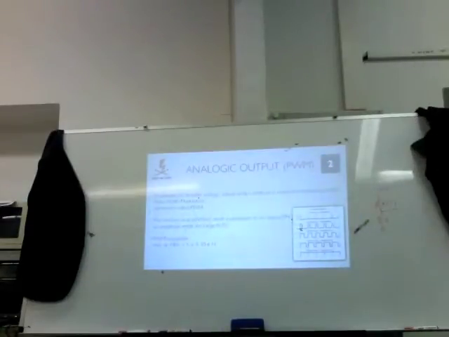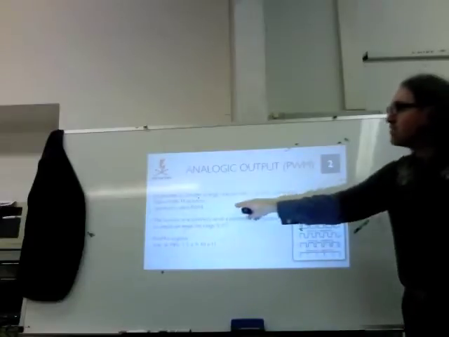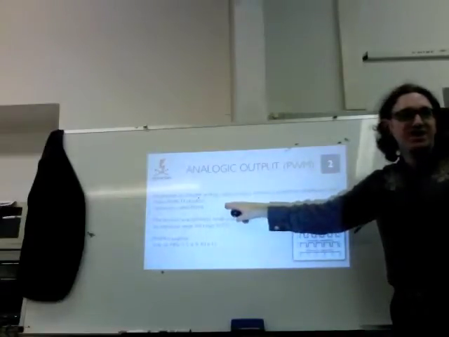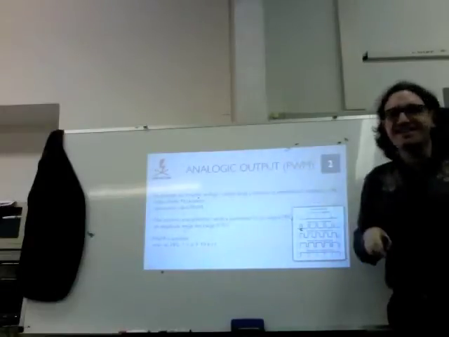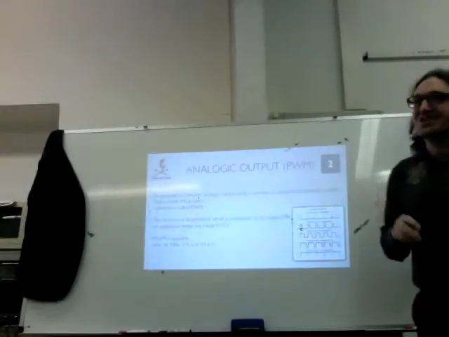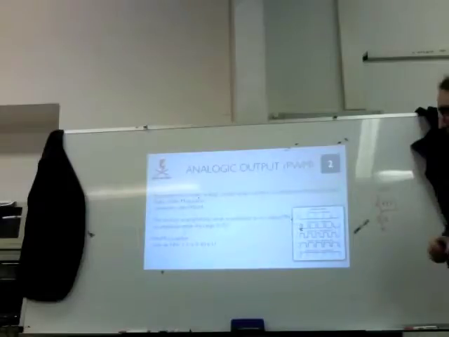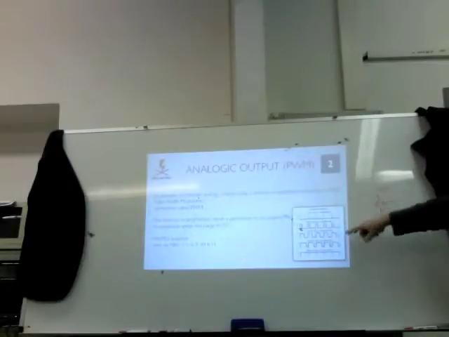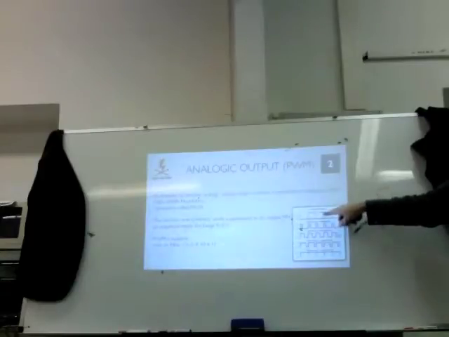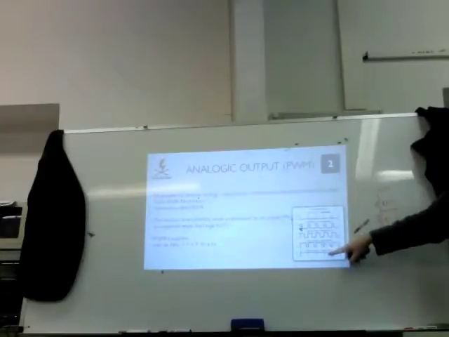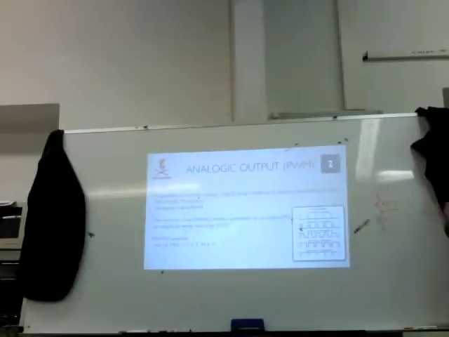This analog fading is accomplished using pulse width modulation, or as I like to call it, fake analog. Pulse width modulation, or fake analog, does this. Instead of sending high or low, where 0 is low and high is 5, what it does is it sends a pulse.